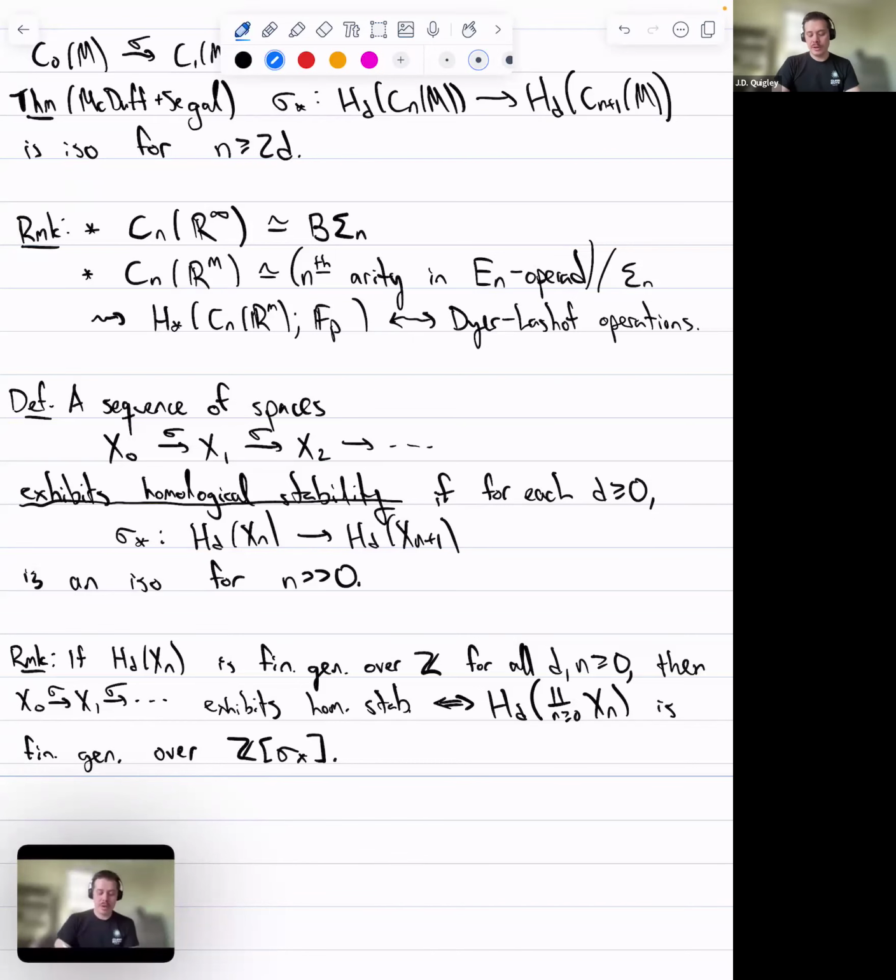Okay. And this sort of idea of looking at homological stability, not in terms of sequences of spaces, but in terms of finite generation over some ring, for different rings, this leads to what's called representation stability, very loosely speaking.